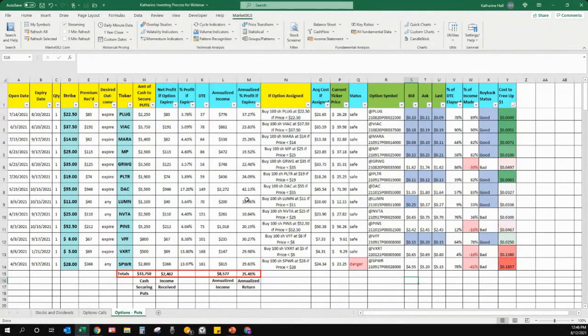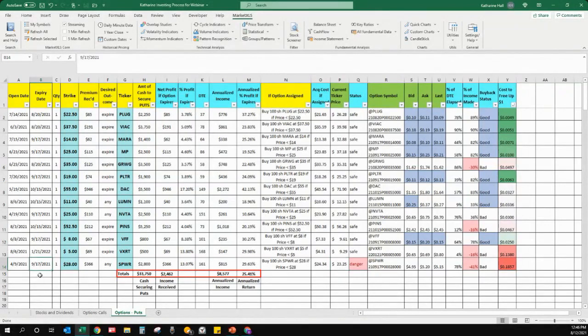So with puts, I have a similar kind of a situation where I look to see if they're in danger or not based on, is the strike price, in this case, greater than the current share price? And so I'm in a bit of trouble with SunPower here.